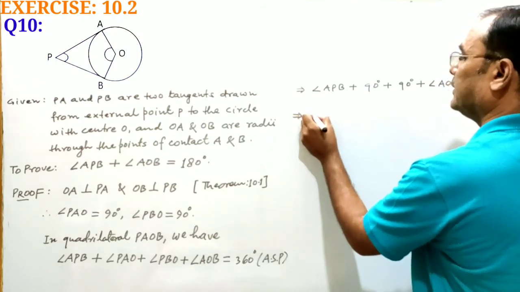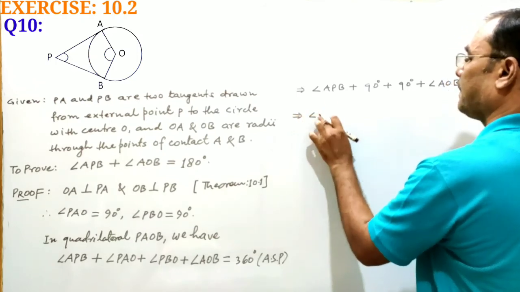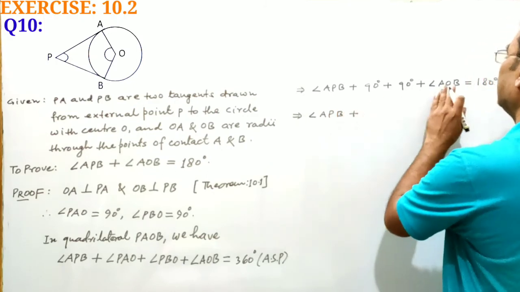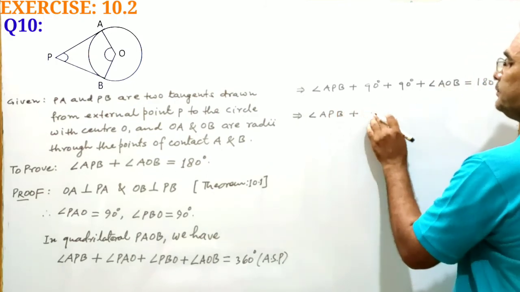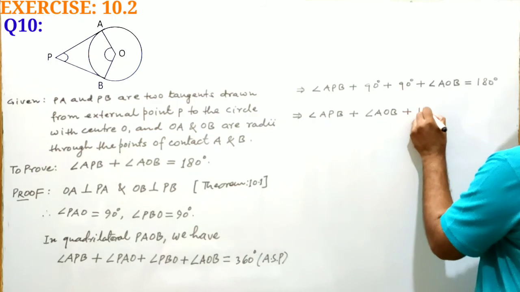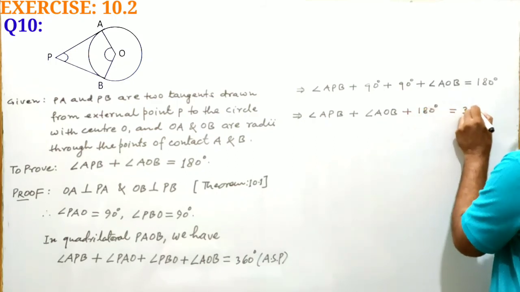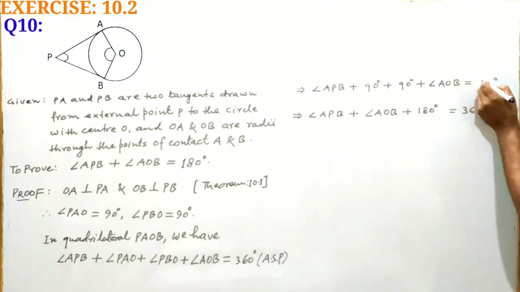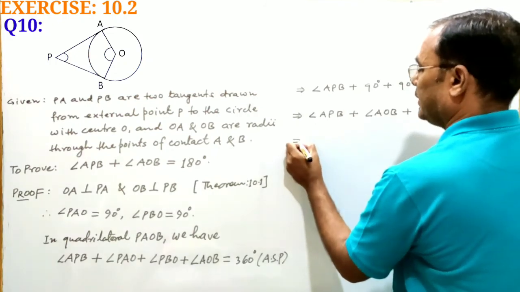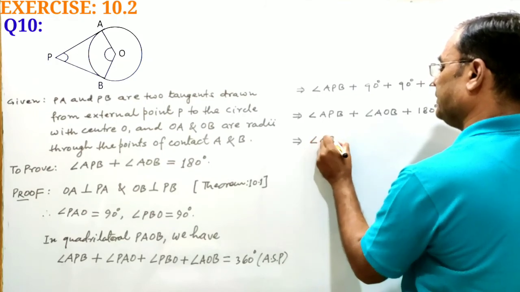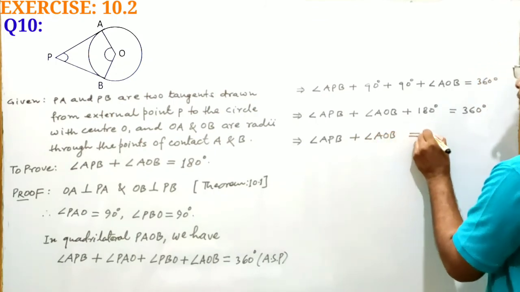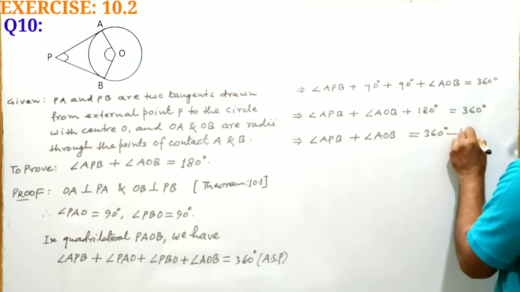So this implies that angle APB plus angle AOB plus 180 degrees equal to 360 degrees, and this implies that angle APB plus angle AOB equal to 360 degrees minus 180 degrees.